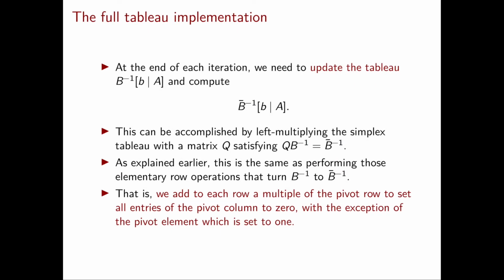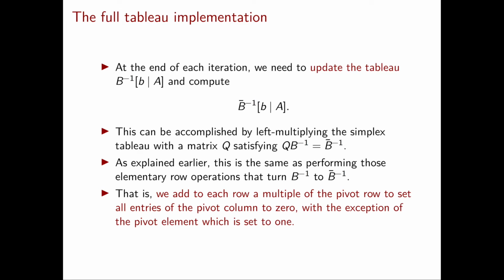If you remember, these were the operations needed to transform the U vector into the unit vector EL by adding to each row multiples of the lth row. Now, with the notation introduced in the full tableau implementation, the U vector is the pivot column, while the lth row is the pivot row.